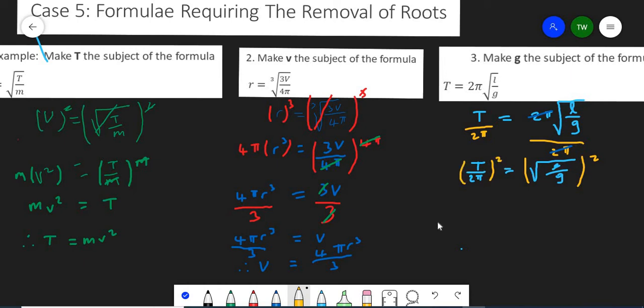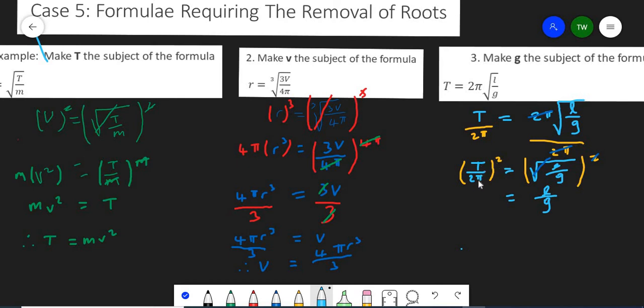Right? By squaring both sides, what it does is that this 2 on the outside, which is the power, will cancel out the square root sign. Right? So what we're left back with here is just a fraction, which is L over G. And we can just apply a little bit of indices to this.